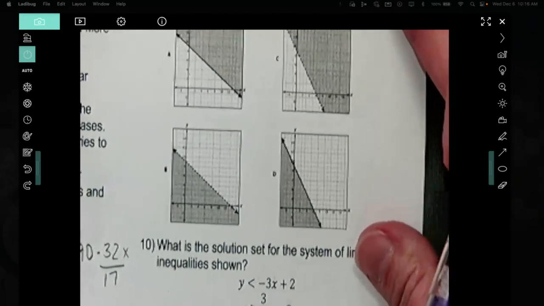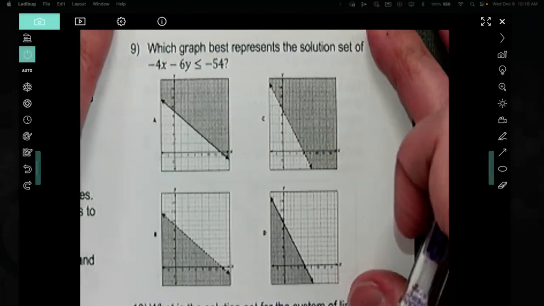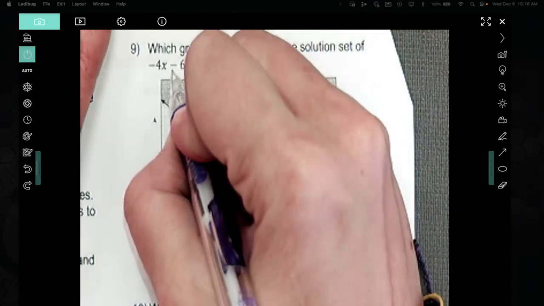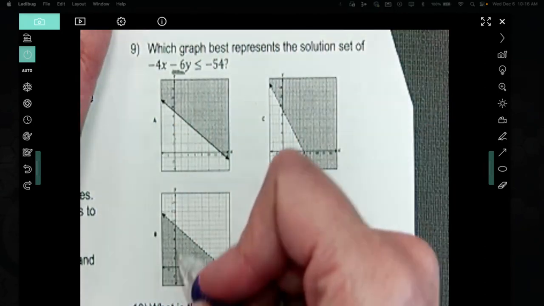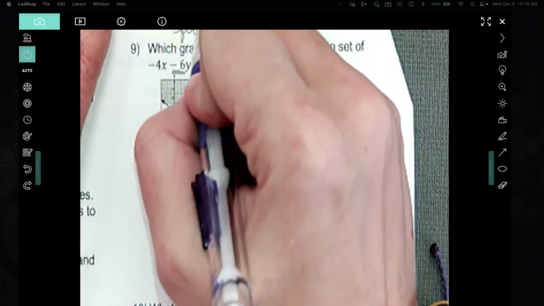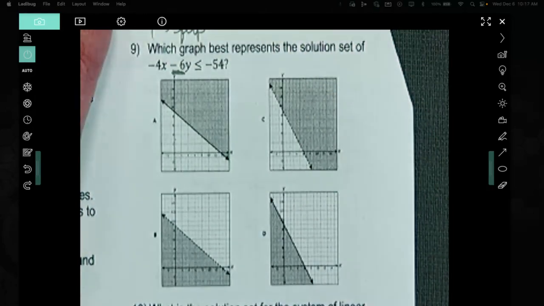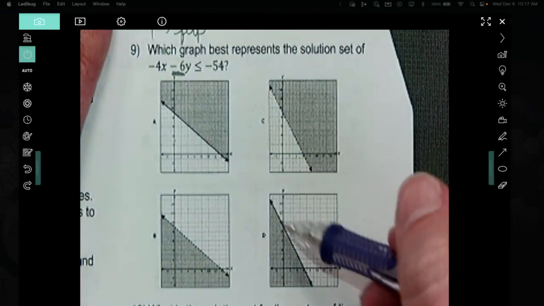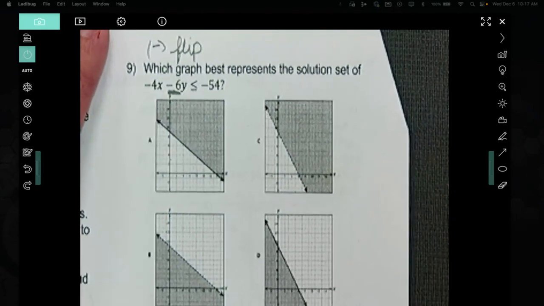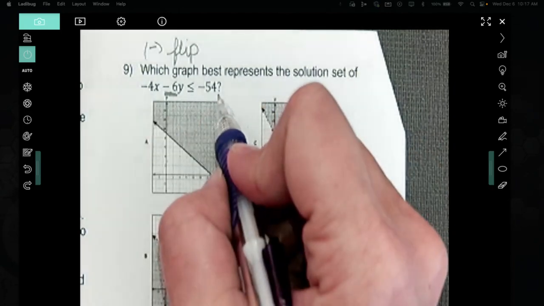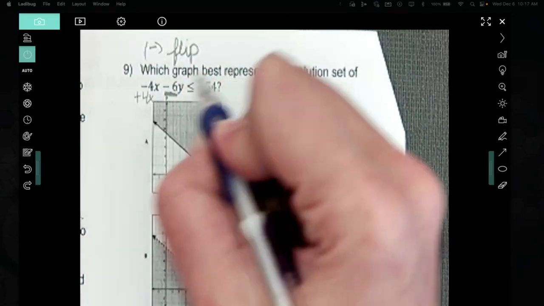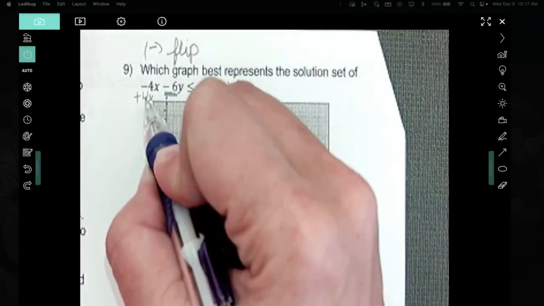Graphing here, keep in mind that this number in front of the y is negative. So that means you are going to have to flip your inequality. You're going to end up multiplying or dividing by a negative. These lines do not all look the same. So you're going to need to definitely change this. So we can add 4x to both sides.